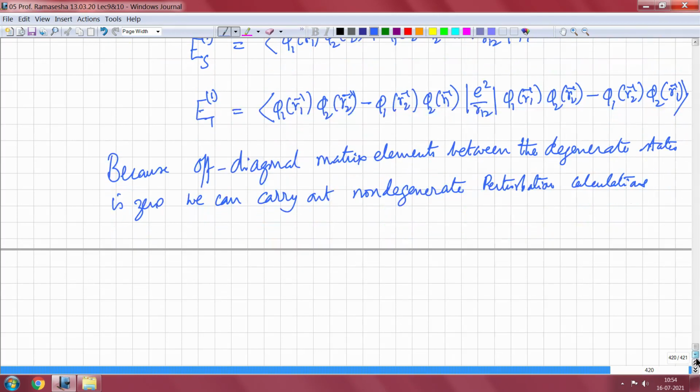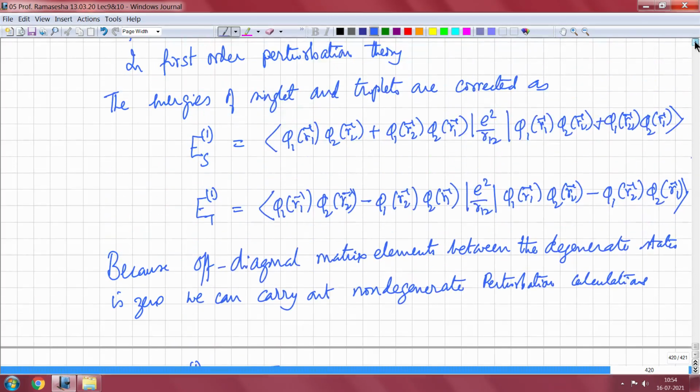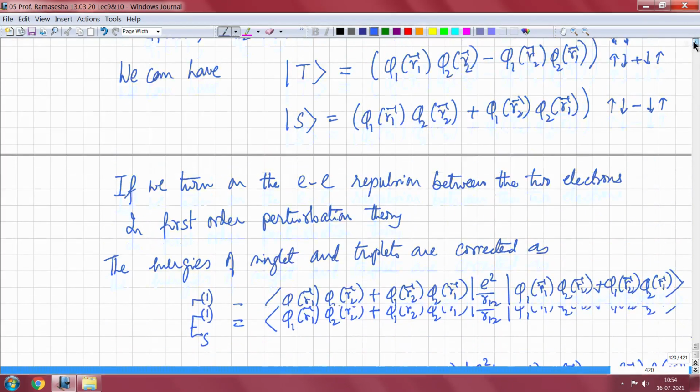So if you were to expand it, what you will find is the following. The singlet state will have the energy equal to A plus J, and the triplet state will have the energy A minus J. Of course, I will have to properly normalize the states.